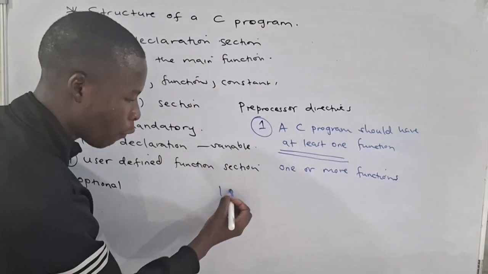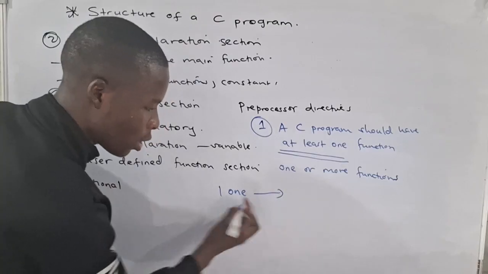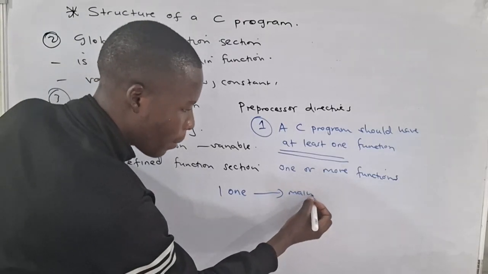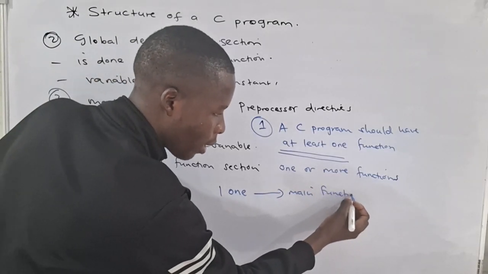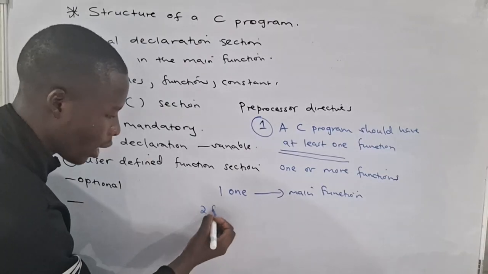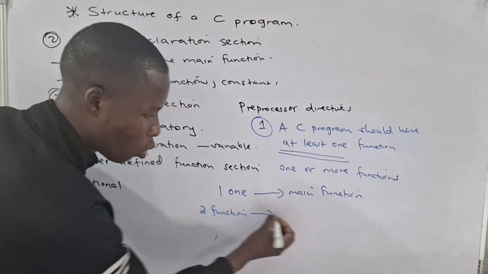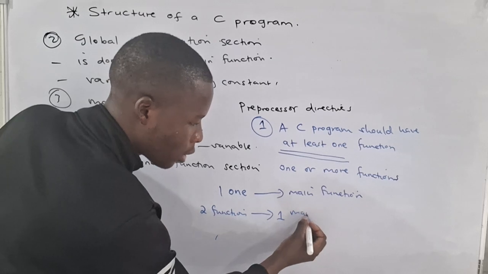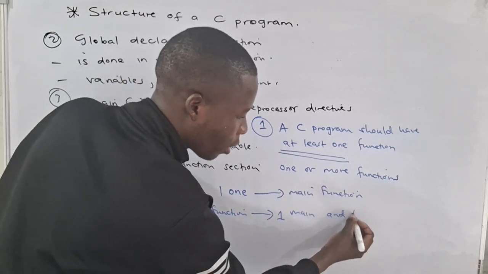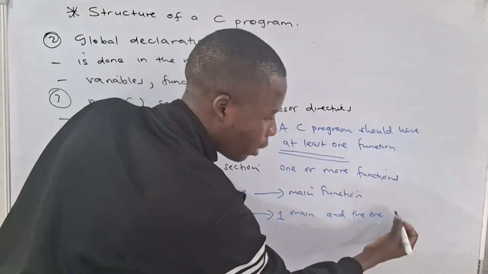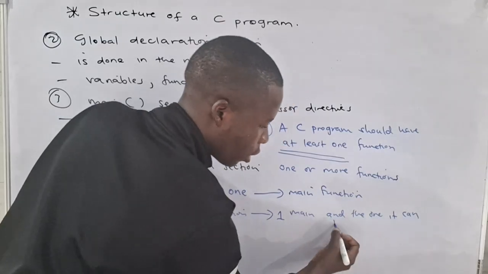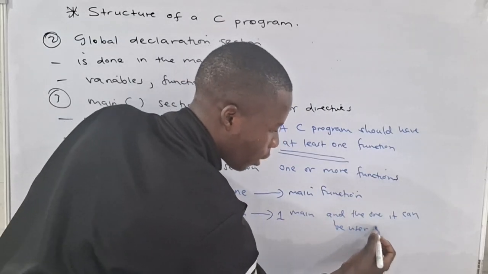If there is one function, it means this function is the main function. If there are two functions, it means one of these two is the what? Is the main. And the other one can be user defined.